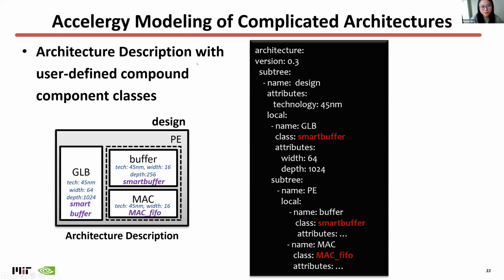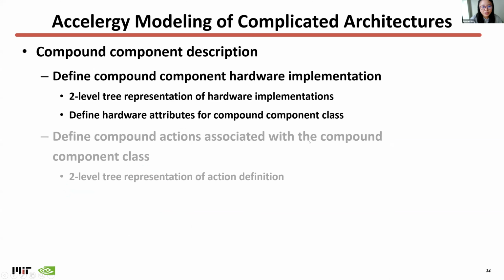So again, we have a very similar description for the architecture spec, because what we need to do is only change the class of the components involved in this architecture. So you can see that here we're changing them into very high-level component classes, smart buffer and MAC FIFO. And we also need to define the compound components using compound component descriptions. So we want to first define the compound component description's hardware implementation.